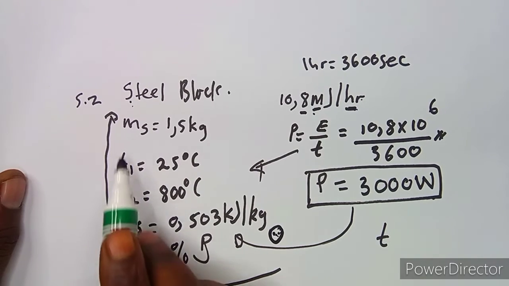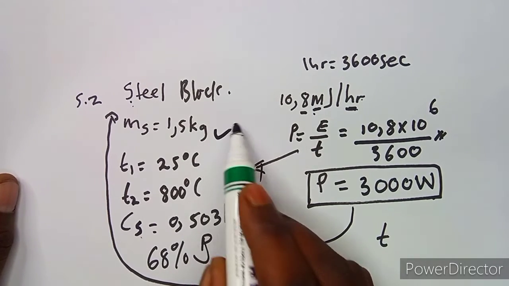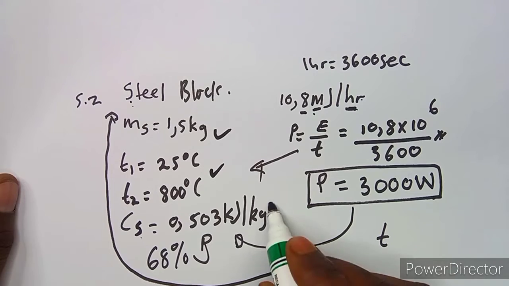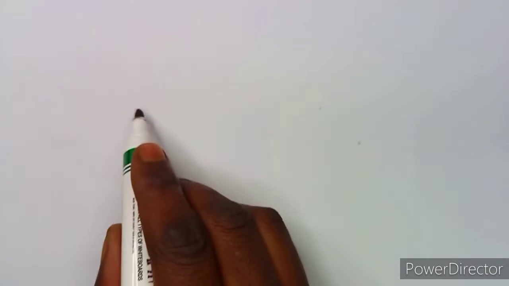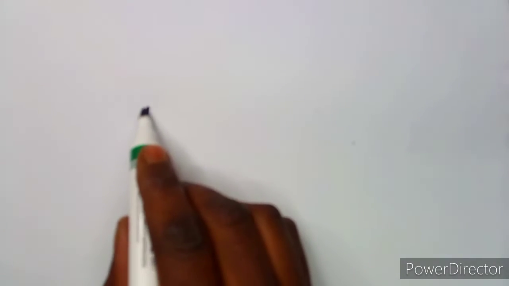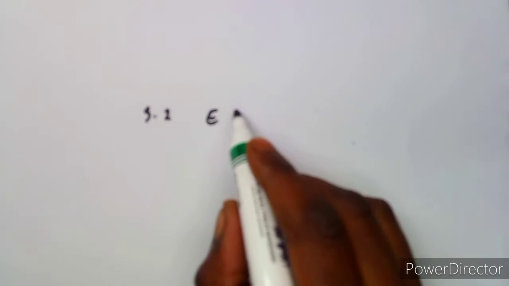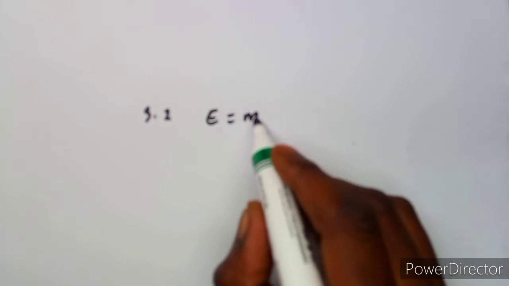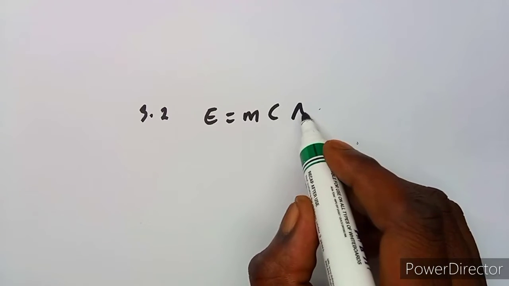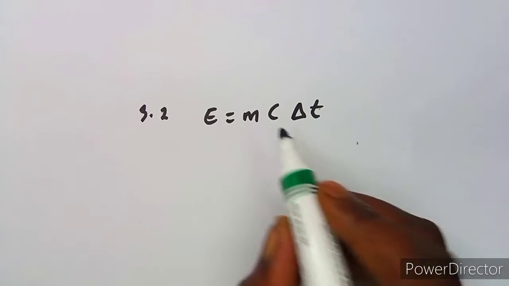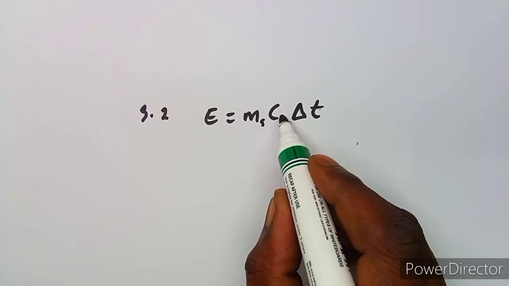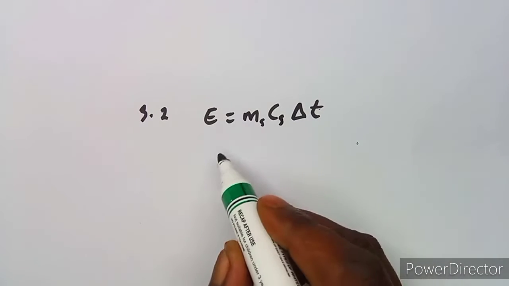We have the mass, the change in temperature, and the specific heat capacity. So the energy is going to be, remember, mass times the specific heat capacity times the change in temperature. This is the mass of steel, the specific heat capacity of steel.